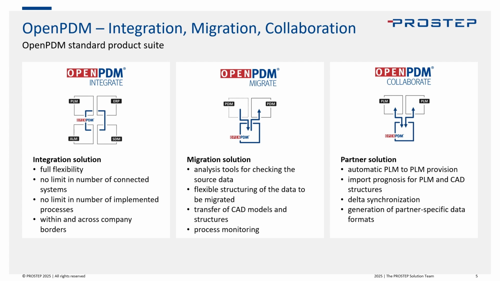OpenPDM Collaborate is an automated partner integration solution. That could be between your PLM and your partner's PLM directly, or between your PLM and a neutral PLM that's maybe used for a joint venture or an aerospace program or something like that. There are a couple of different processes core to collaboration.